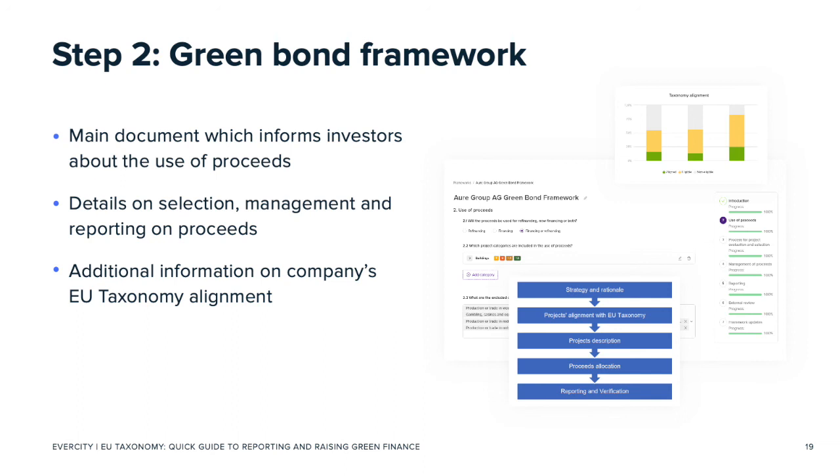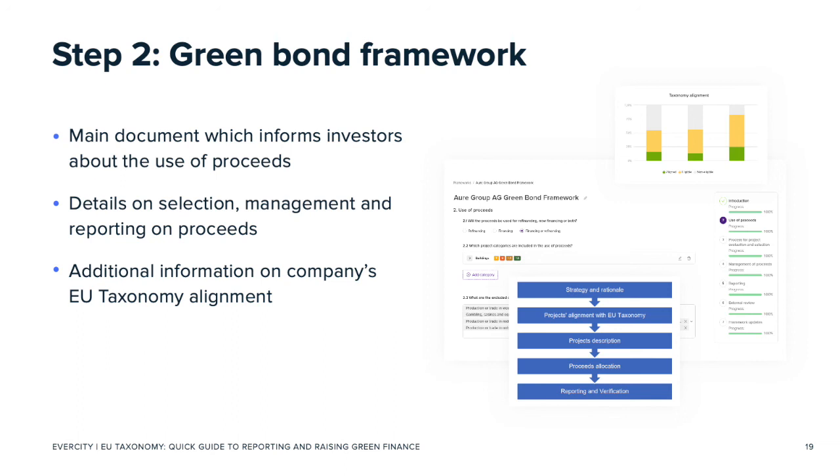This is how we try to simplify this process for issuers that don't have a lot of experience in green bonds. It is also a useful tool for investors, like underwriters, for banks that are helping their clients issue green bonds. They can also use our tool to walk their clients through these small steps.